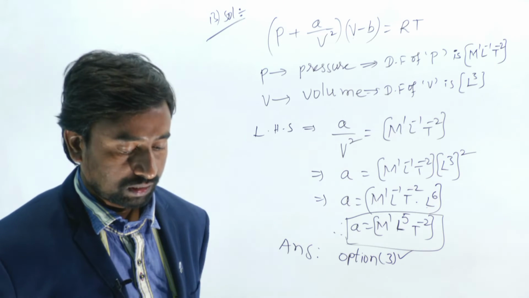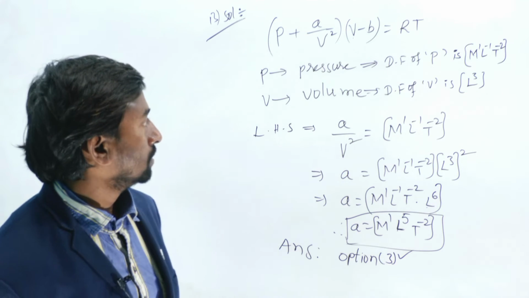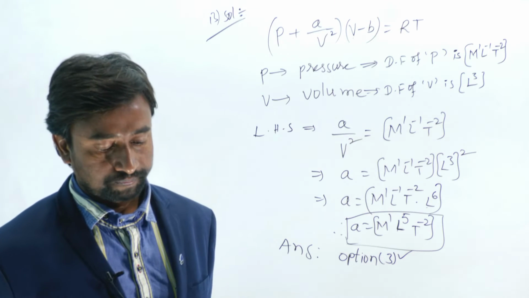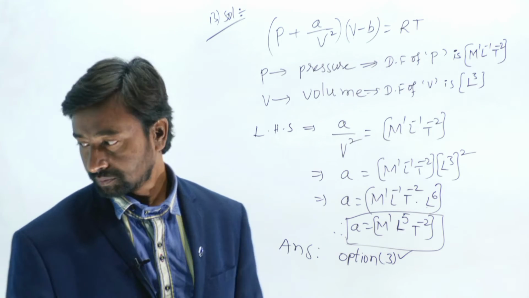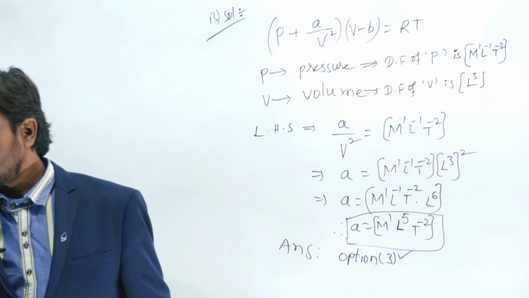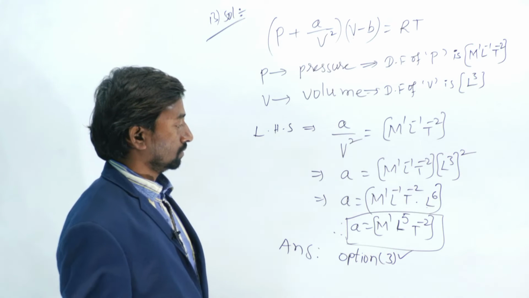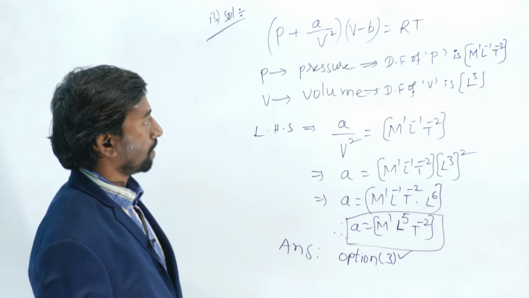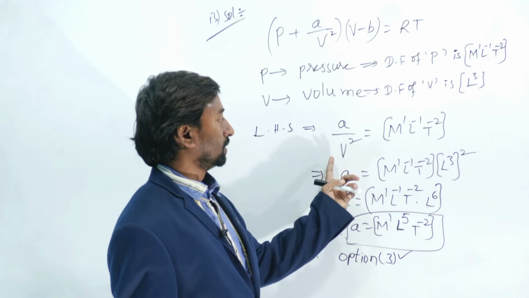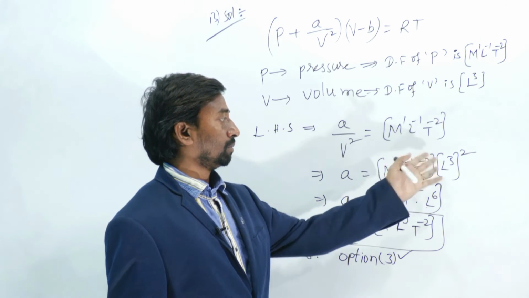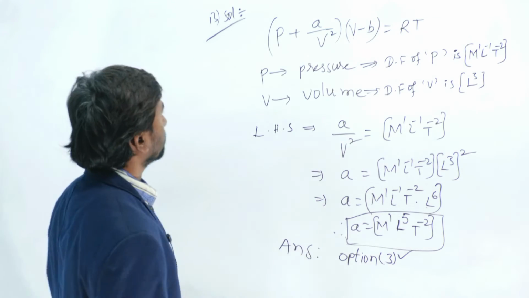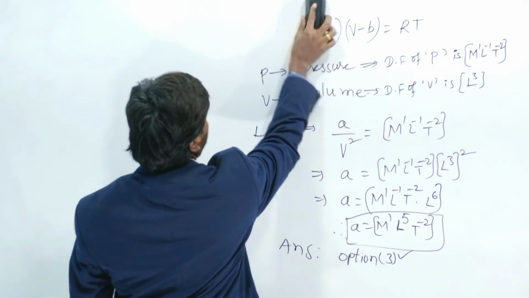Now we'll see the next question, the 14th one. It's clear now? We should substitute the dimension formula; when it moves to the other side, it becomes multiplication, since it is division. Okay, so then the 14th one we'll see there.